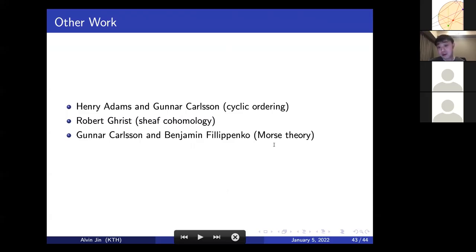People are doing Morse theory, which Simon also might mention in his differential geometry class, where you take the derivative of a function and look at its critical values. If you've taken calculus, you already did this for optimization, but you can do this for things like tori or spheres or more abstract spaces. This is the idea of Morse theory.